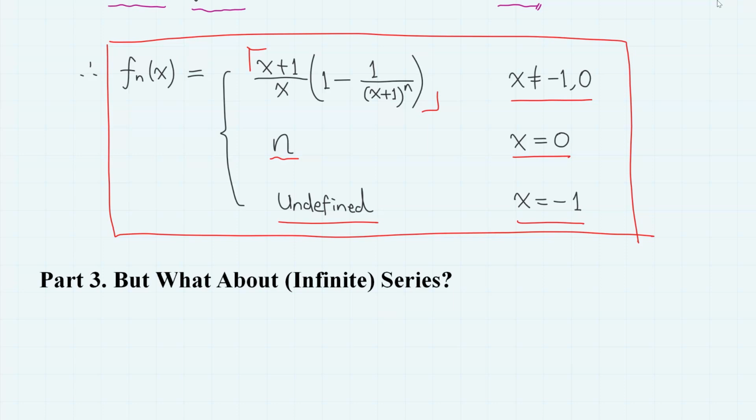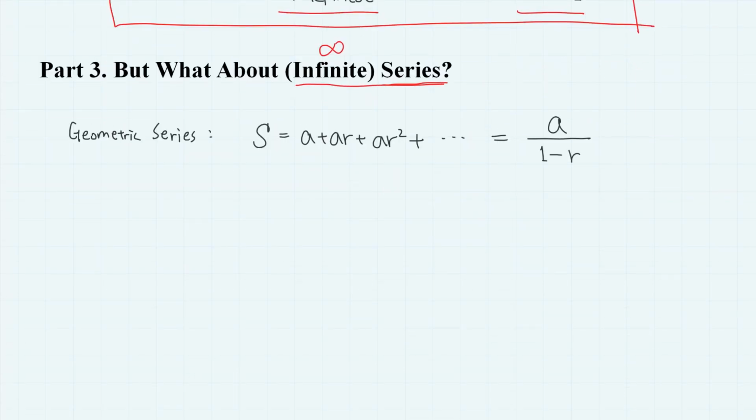So we found the answer, but at this point I want you to think about other types of problems, the series or the infinite series. That is, the sum of infinitely many terms. Some of you may well know the formula for the geometric series, where the sum is given as the first term a divided by 1 minus the common ratio r.